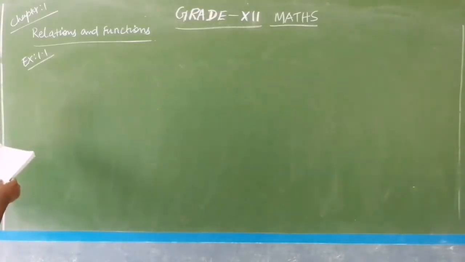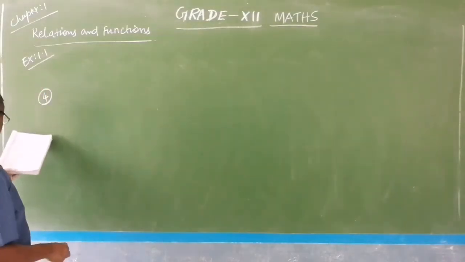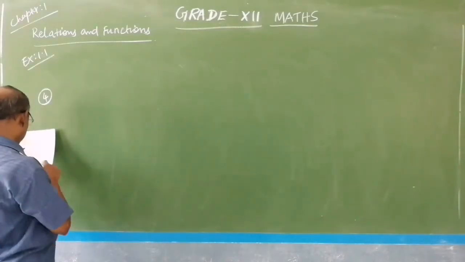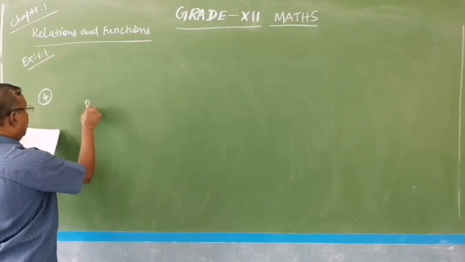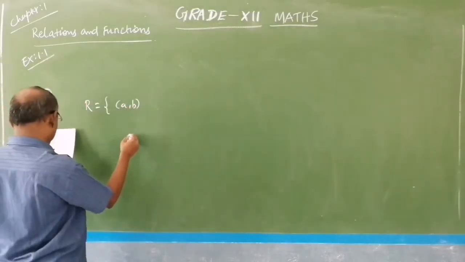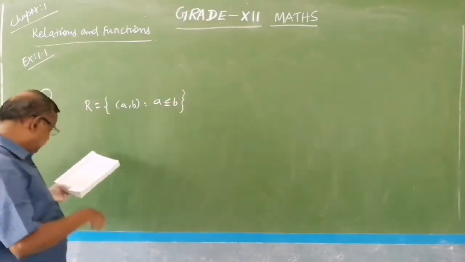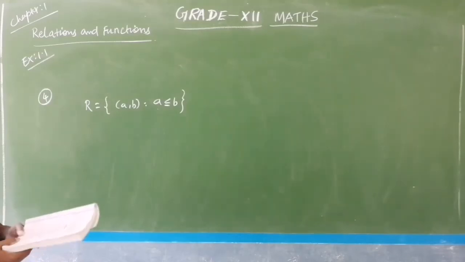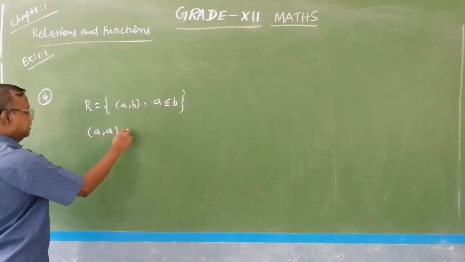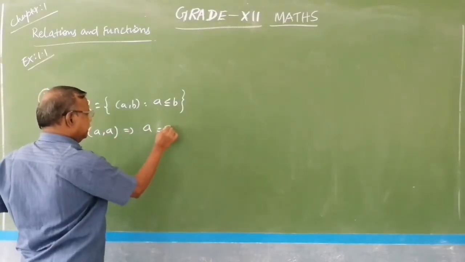Question number 4. Show that the relation R in the set of real numbers, R equal to {(a, b) such that a is less than or equal to b}, is reflexive, transitive but not symmetric. First, for every (a, a), a is definitely less than or equal to a.